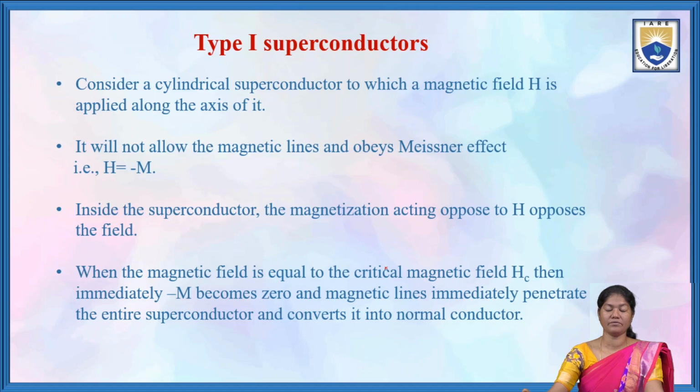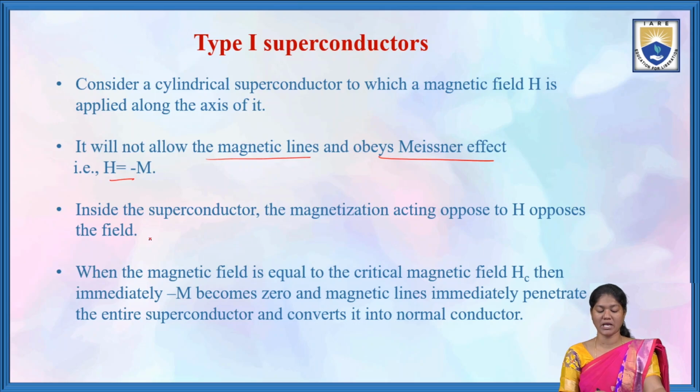Here, we are considering a cylindrical superconductor to which a magnetic field H is applied along its axis. When placed in the magnetic field, the superconductor will not allow the magnetic lines and obeys the Meissner effect, that is H equals minus M.